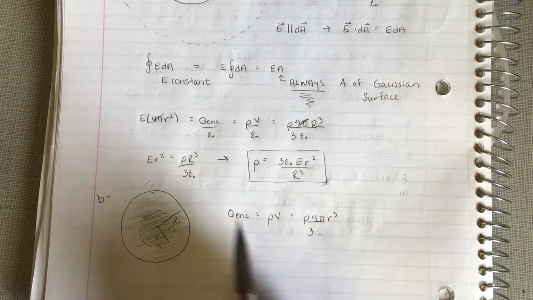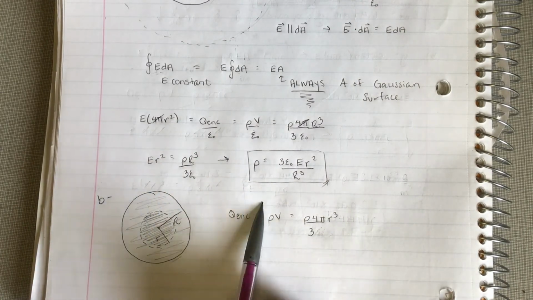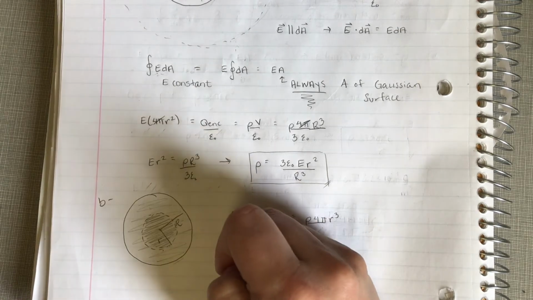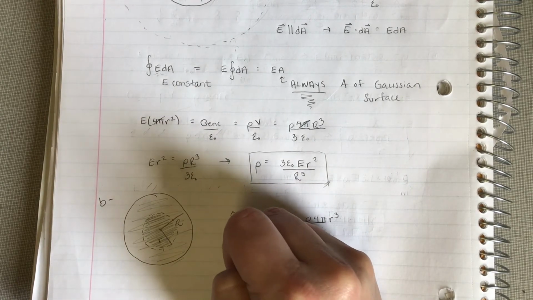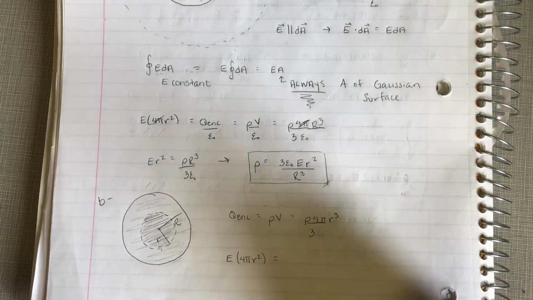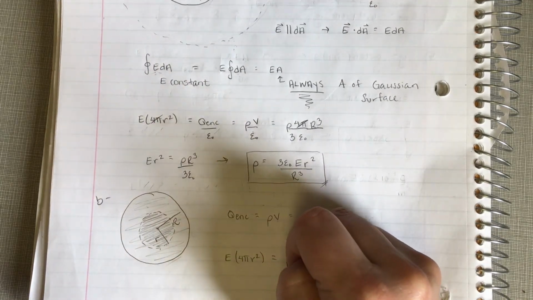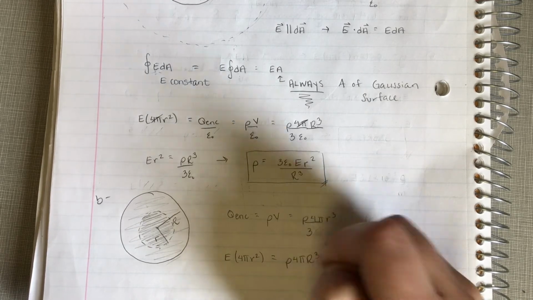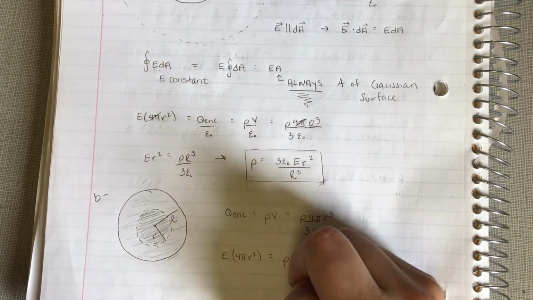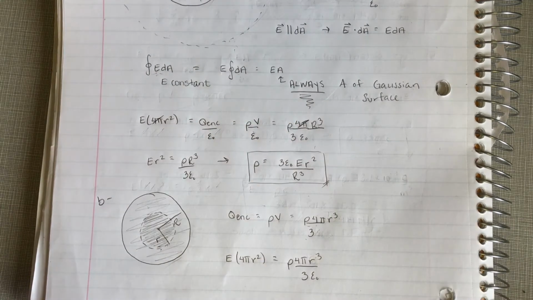So that's the difference between finding it inside and outside. Your charge density is going to give you a different radius. So our electric field times our area is equal to Q enclosed, so rho 4 pi little r cubed over 3 epsilon naught.